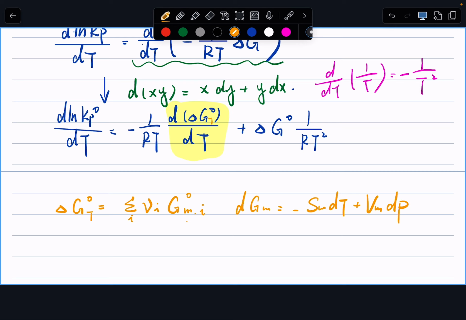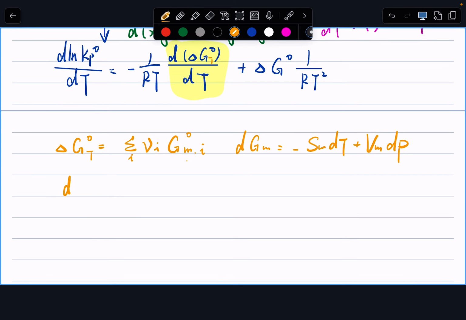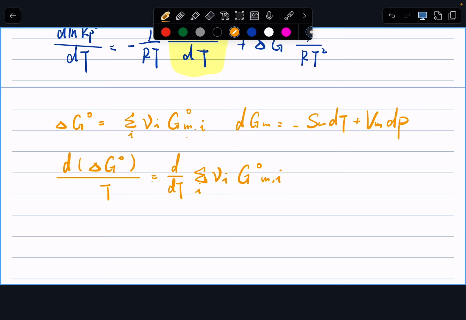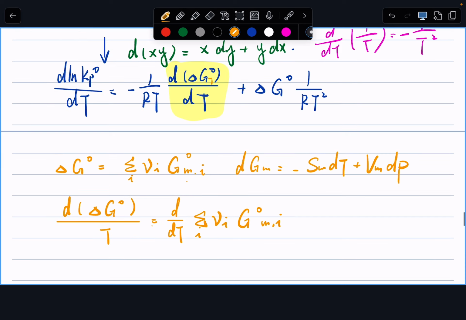Or the other way to put it, we can simplify the d delta G naught over dT as the d over dT of the sum of my stoichiometric coefficient times the molar Gibbs free energy. Yes, so this whole thing. Oh, there's a d in this. Thank you.